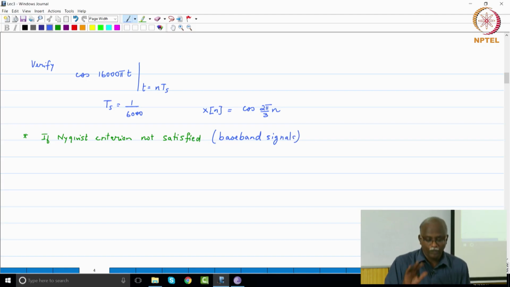So what we are talking about is in the context of baseband signals. If the Nyquist rate is not satisfied for baseband signals, not bandpass, then there will be aliasing.